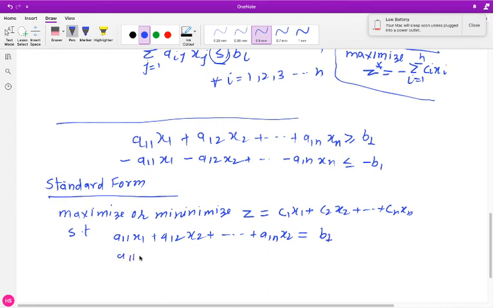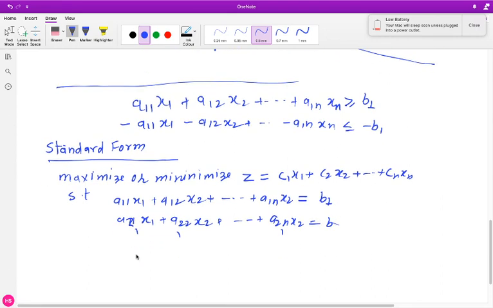Then a21, not 11, actually this will be 21, x1 plus a22 x2 plus a2n xn equals b2, and similarly we can write down the last constraint, which is going to be am1 x1 plus am2 x2 plus dot dot plus amn xn is equal to bm.